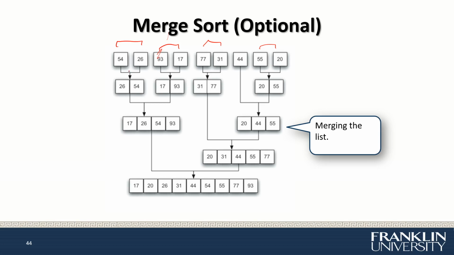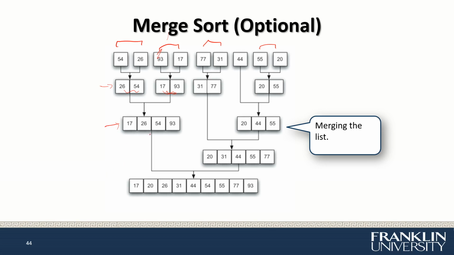Because we know how to merge these, like 54, 26, we merge them in sorted order, 93, 73. Because these two sublists are in sorted order, when we merge them again, it's very easy. It's only linear to merge them, like one pass you can merge them all.